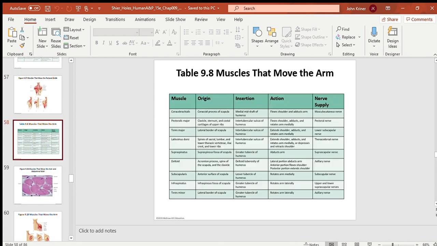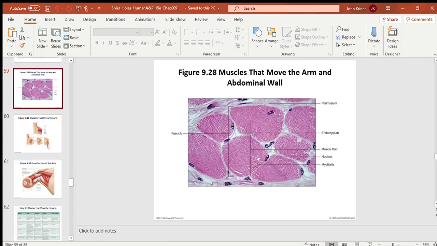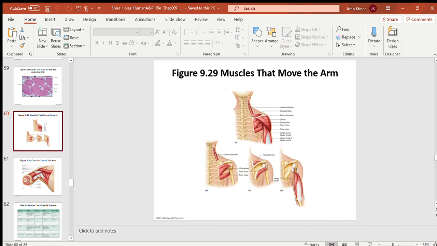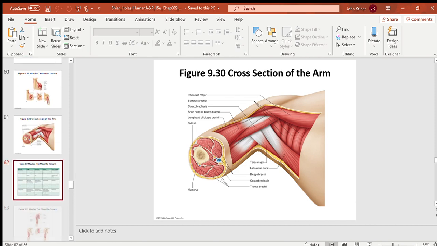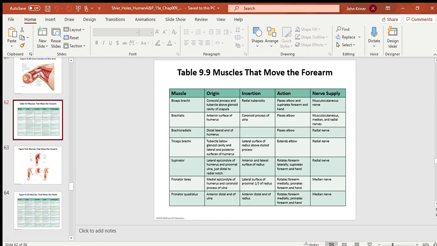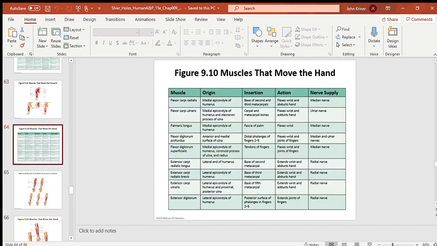We have the muscles that move the arm. Don't worry about this image. That won't show up. Again, muscles moving the arm. This one could show up. Muscles that move the forearm. Muscles that move the hand.